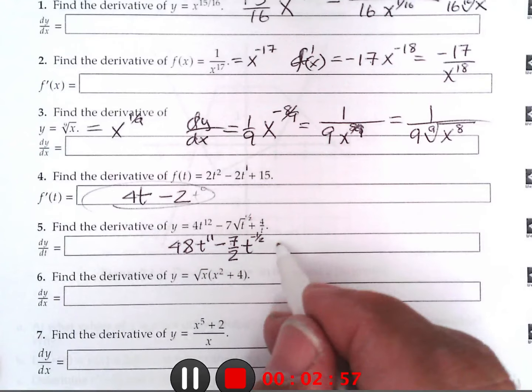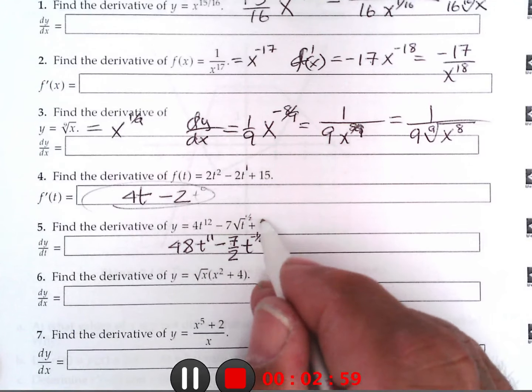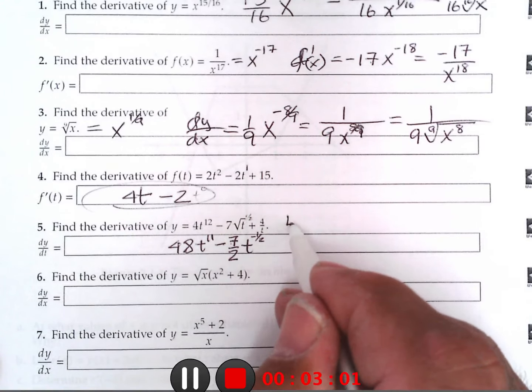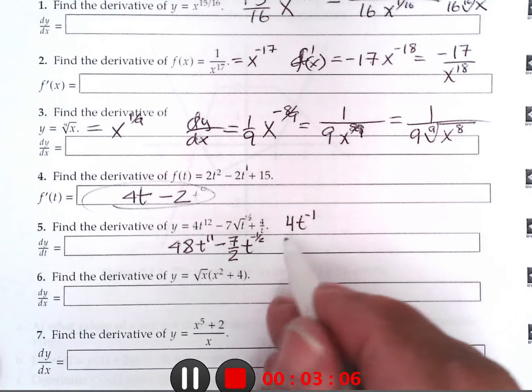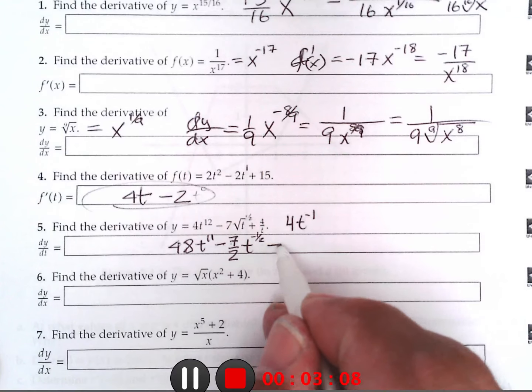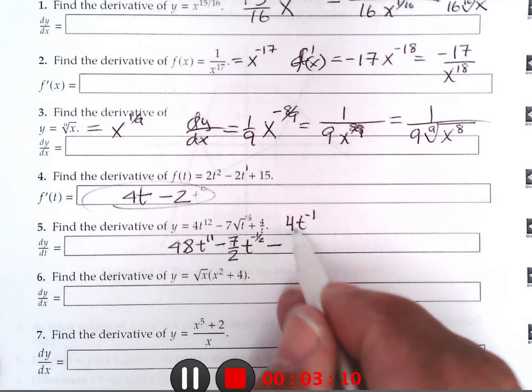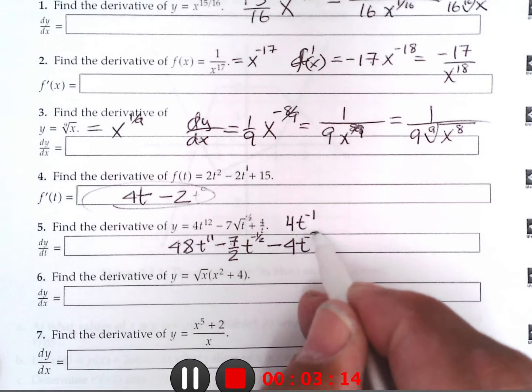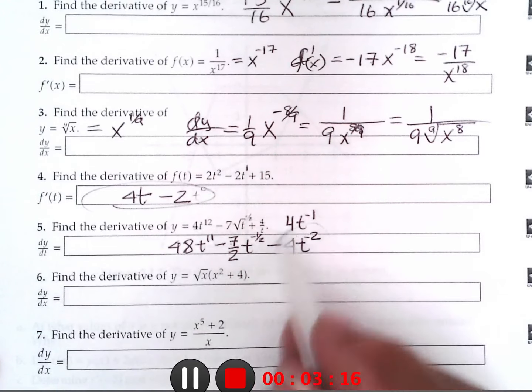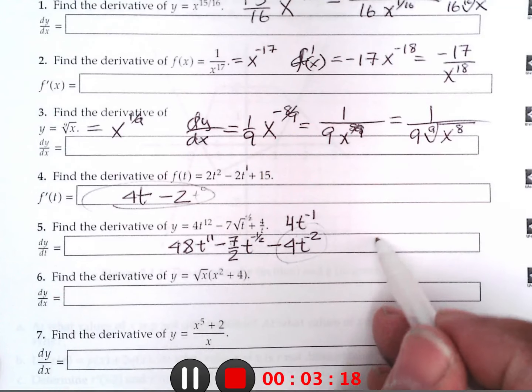And this is 4 over t, which is 4t to the negative 1, so the derivative of that would be negative 1 times 4t to the negative 2. That part could also be written as negative 4 over t squared.